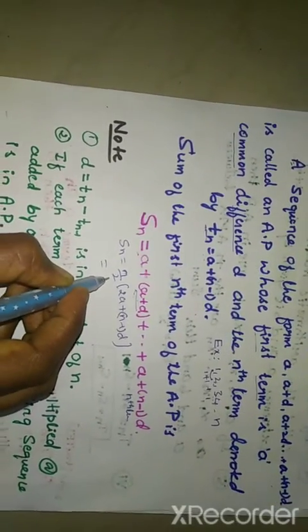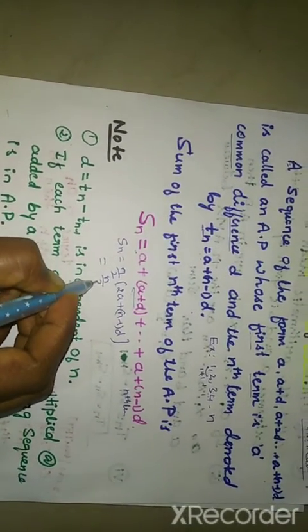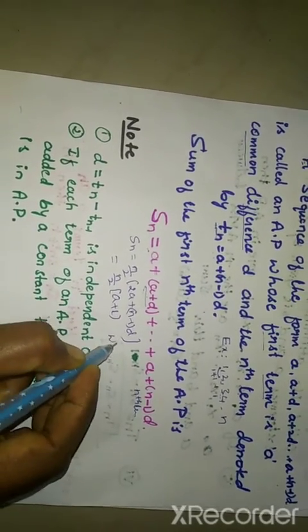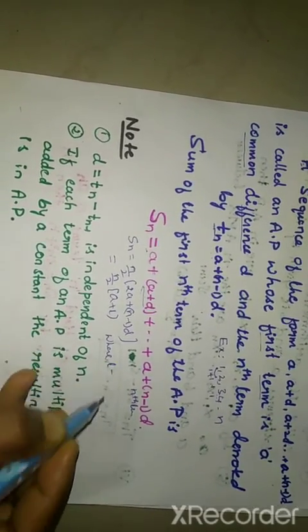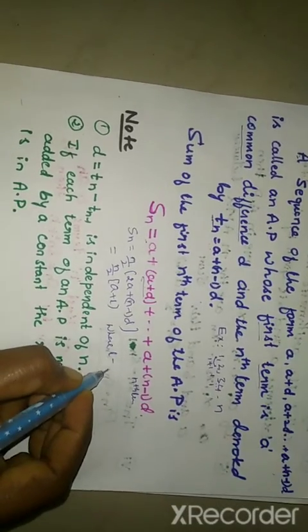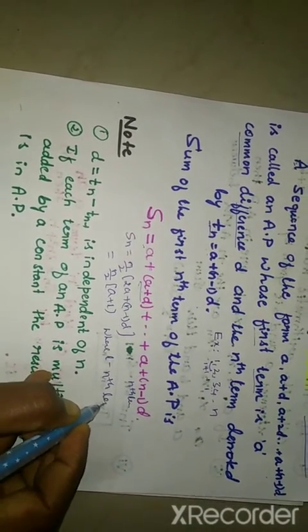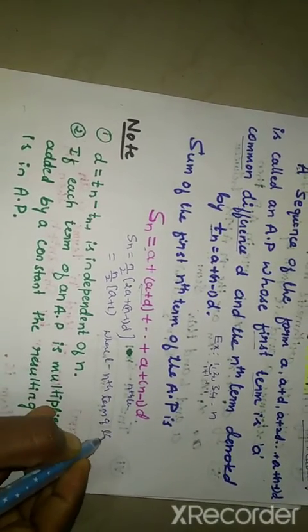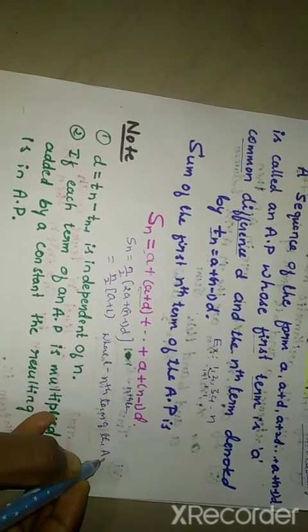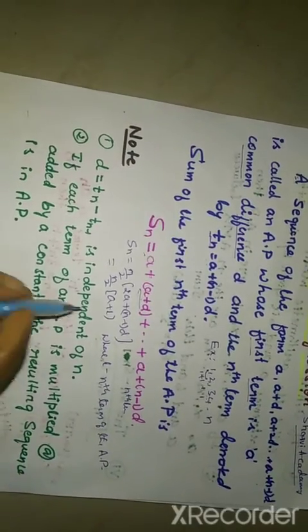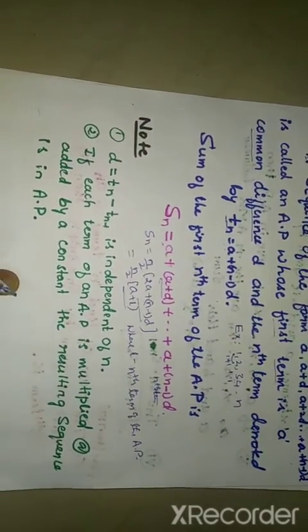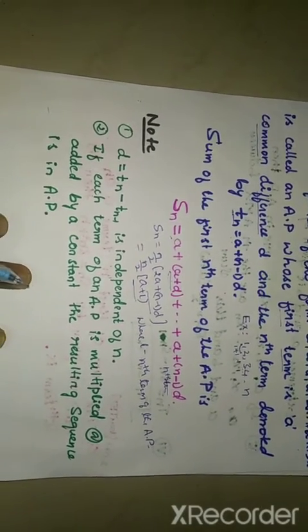One more formula is Sn equals n by 2 times (a plus l), where l is the nth term of the AP. We can use any one of these sum formulas.